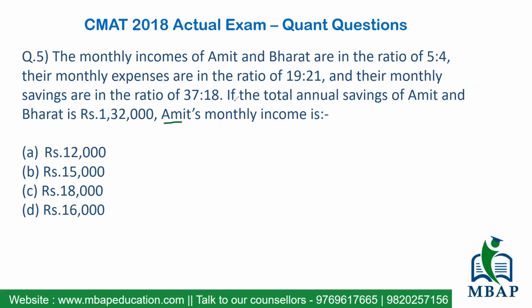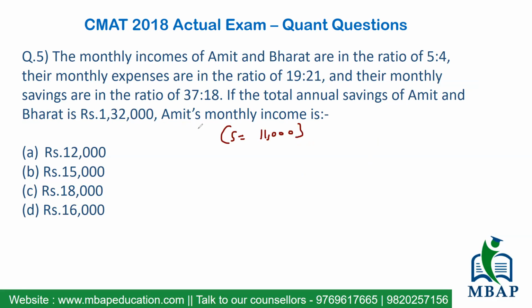Let's start with the first part. It says the annual saving is basically 1,32,000. If the annual saving is 1,32,000, the monthly saving will be 132 upon 12, which basically will be 11,000. So my monthly saving is 11,000.